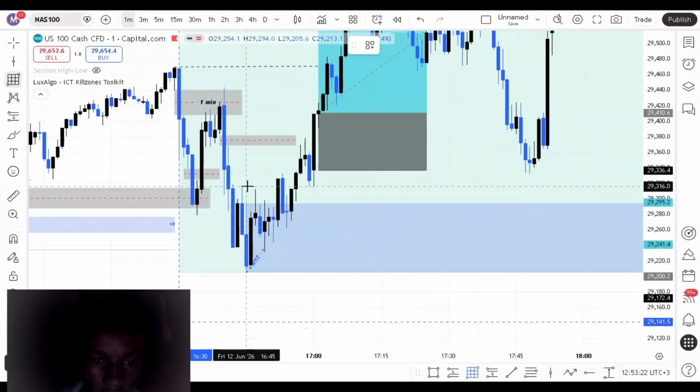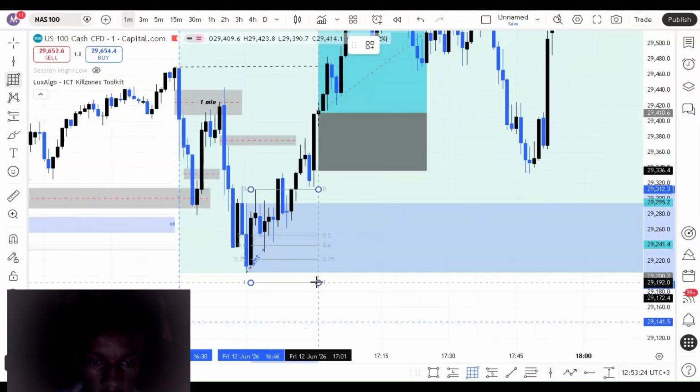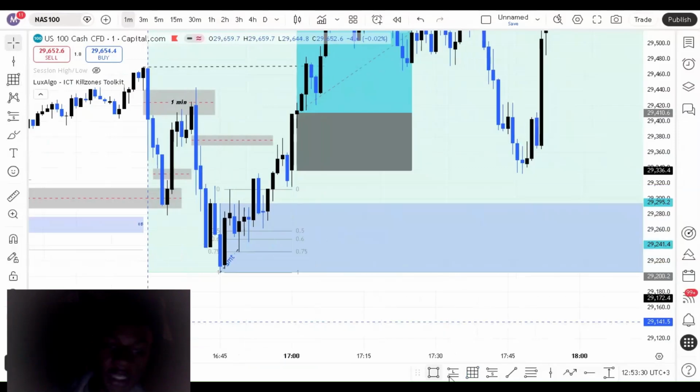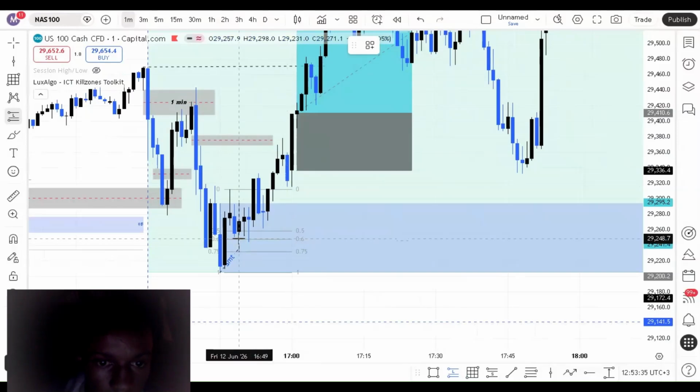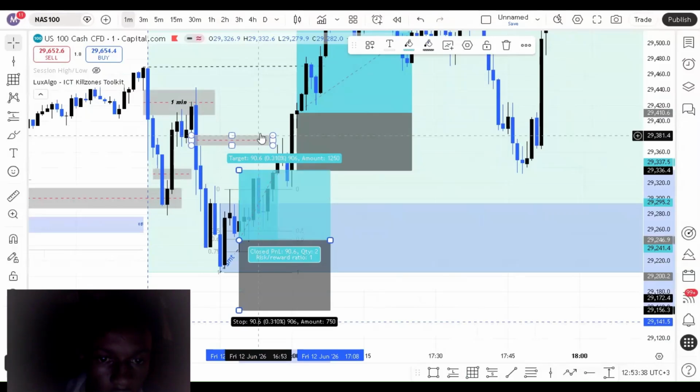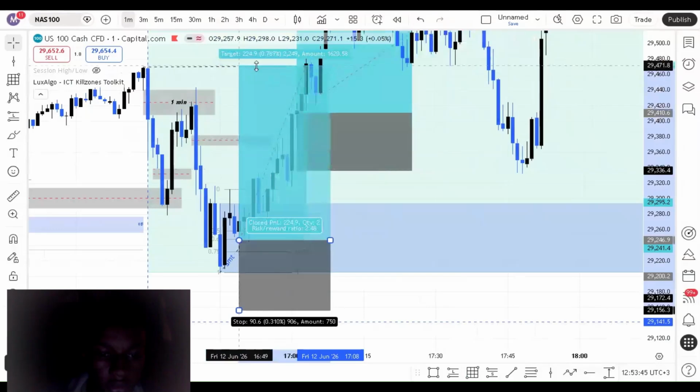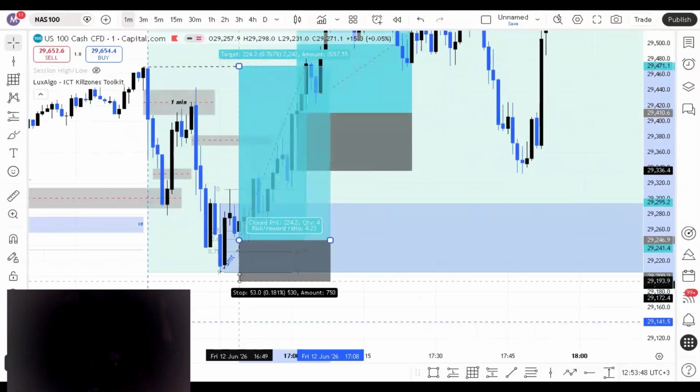They drew the equilibrium over here. Then, as you had seen earlier, had their entry over here, and had their targets on the 9:30 market open and their loss below that low.